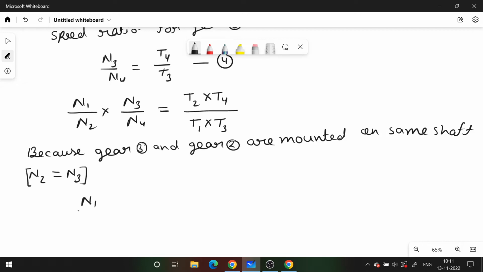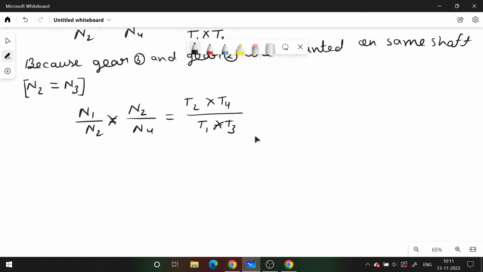Then N1 upon N2 into N3 by N4, with N3 replaced by N2, equals T2 into T4 divided by T1 into T3. Now N1 upon N4 will be equal to T2 into T4 divided by T1 into T3.